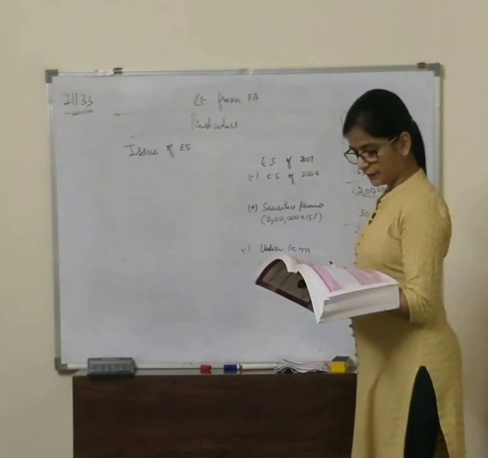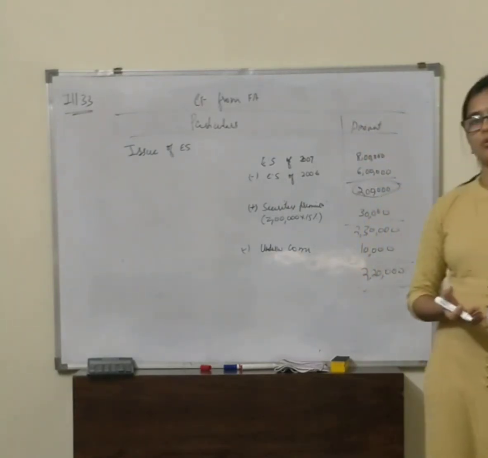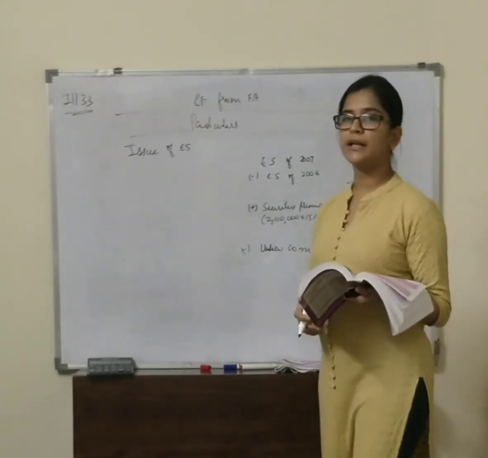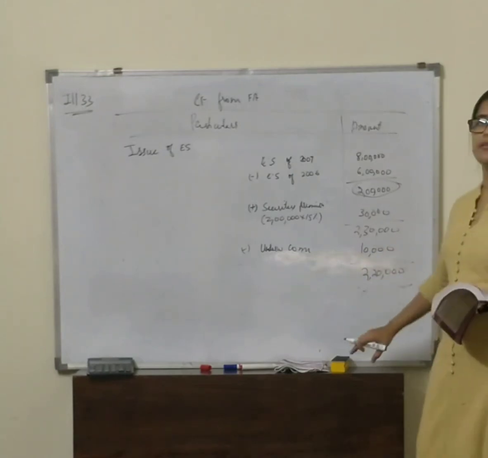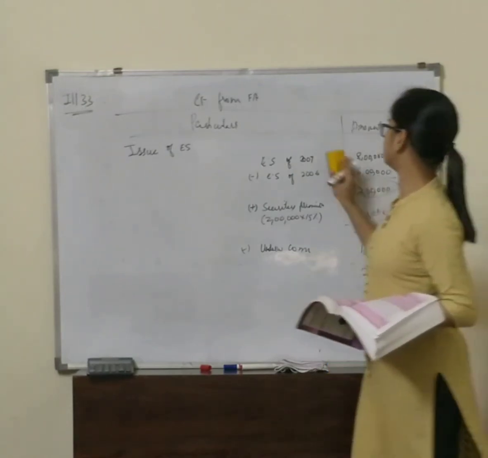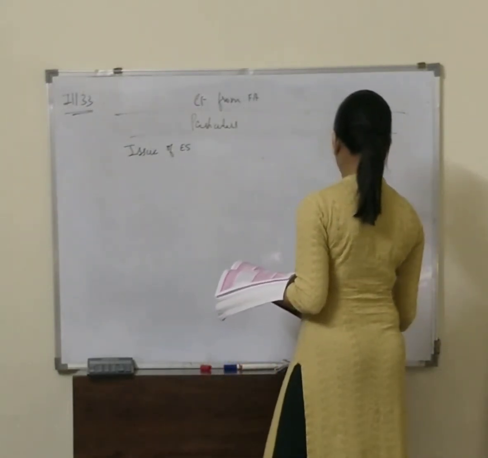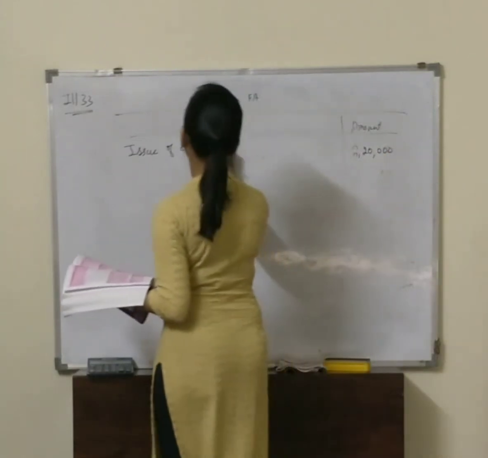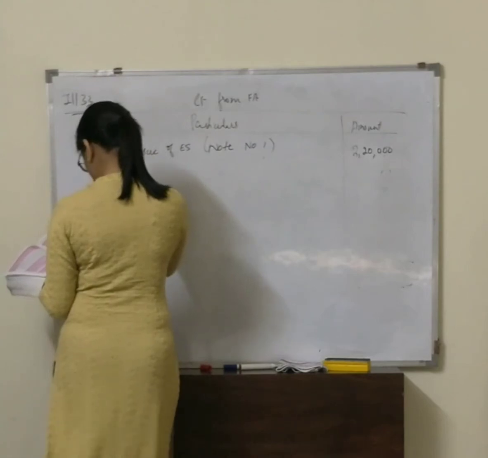And then we have underwriting commission for equity shares. Underwriters are kind of brokers who help us to issue the shares. So we deduct our underwriting commission and get the answer as 2,20,000. So we know what the issue of equity shares is: 2,20,000. Note number 1.